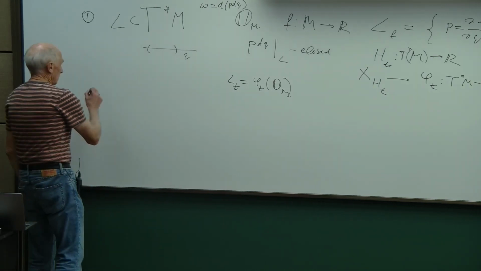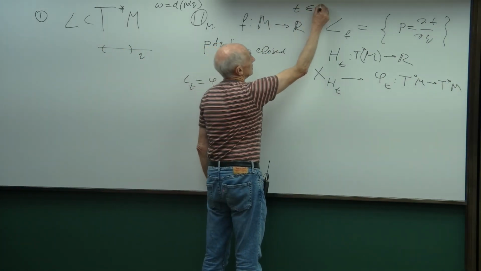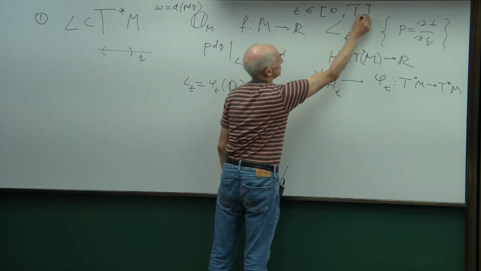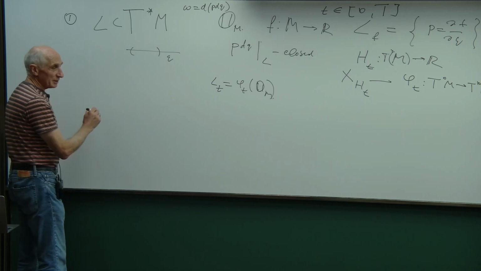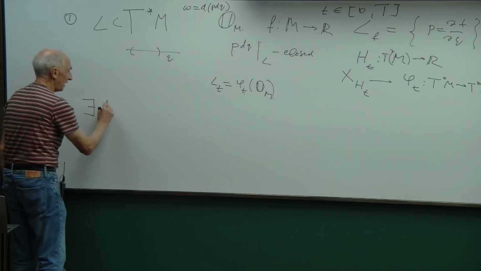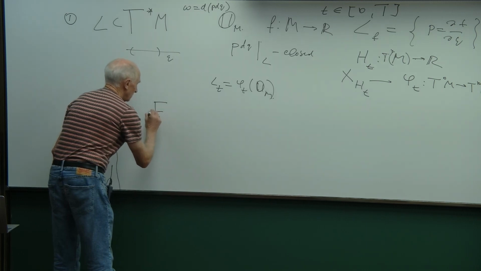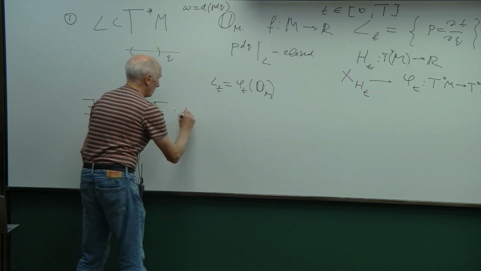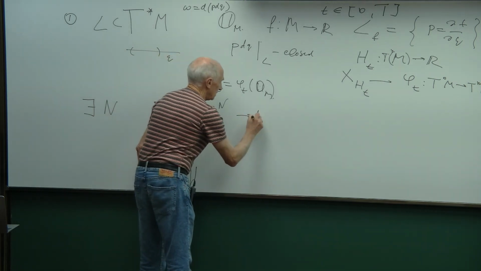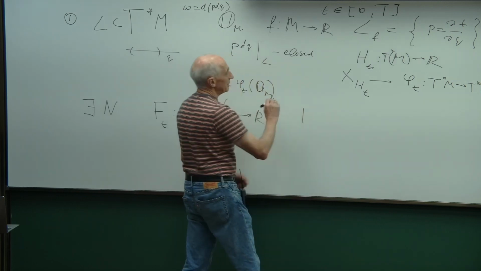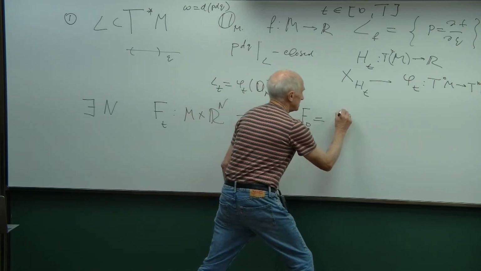So the theorem is that given such an isotopy, and let's fix some finite time of this isotopy, it's important that the isotopy doesn't go on forever, then the statement is that there exists some big number n, and there exists a family of functions on our manifold M cross R^n, such that f_0 is just a quadratic form.